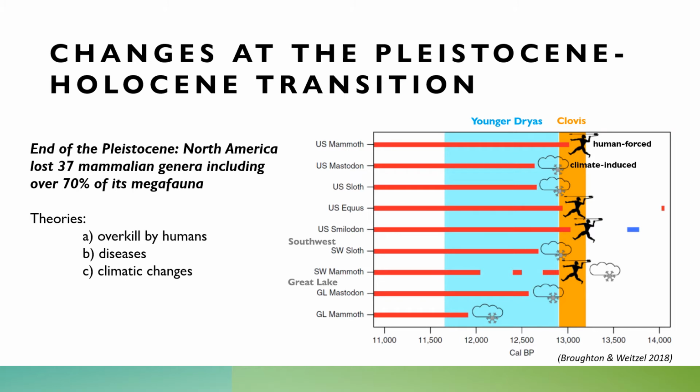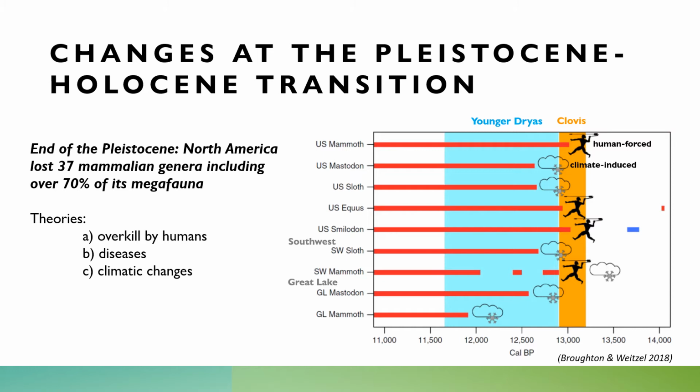In 3 cases, extinctions appear linked to hunting, while in 5 others, they are consistent with the ecological effects of climate change, and in a final case, both hunting and climate change appear to have been responsible.